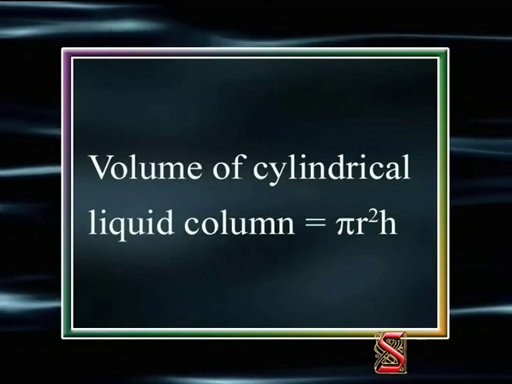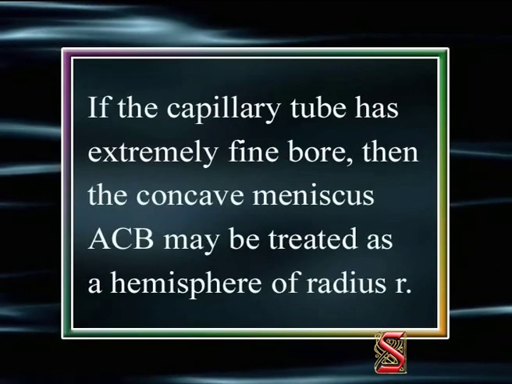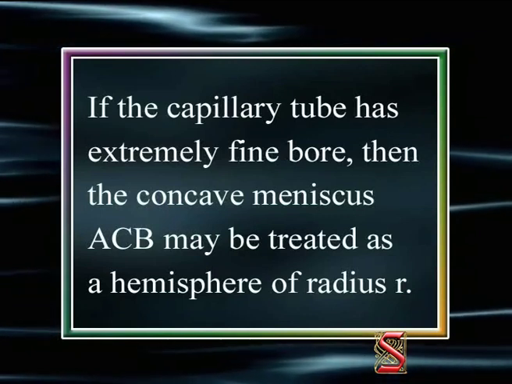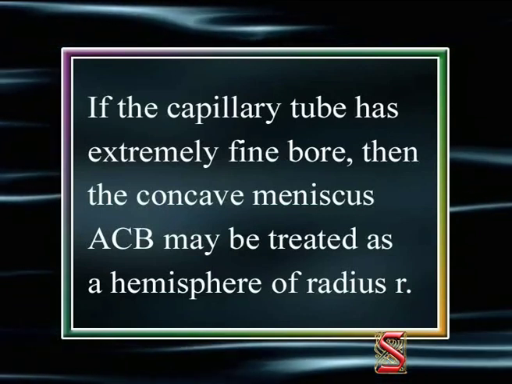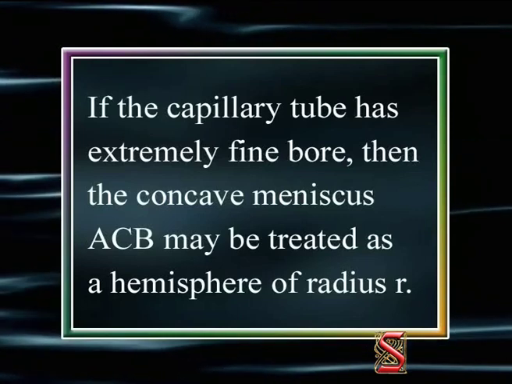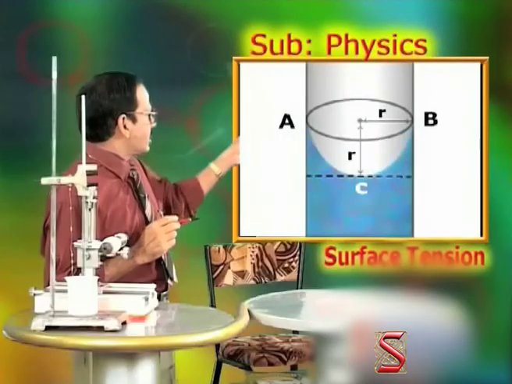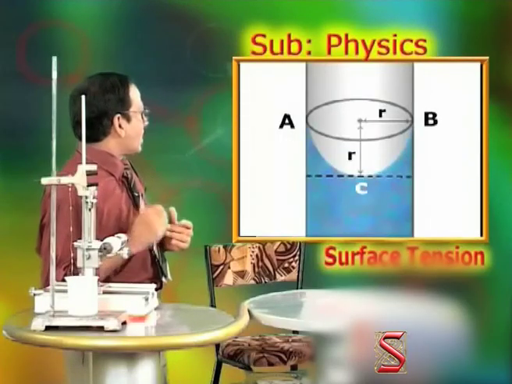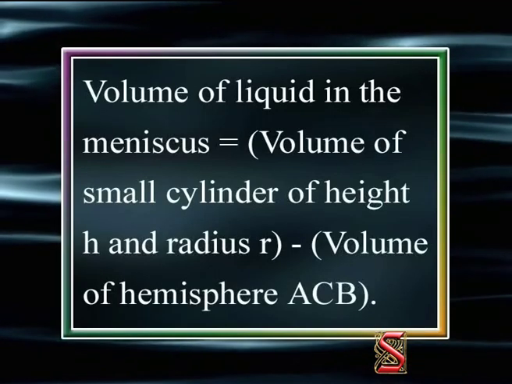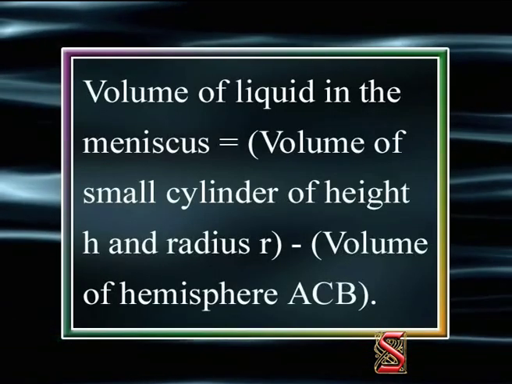And the next one. If the capillary tube has an extremely fine bore, then the concave meniscus ACB may be treated as a hemisphere of radius r. I have shown it in the diagram. Now, I am going to derive the volume of the liquid in the meniscus.